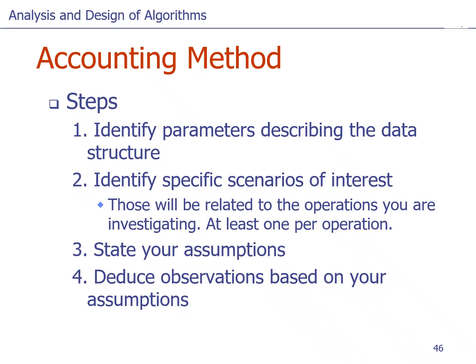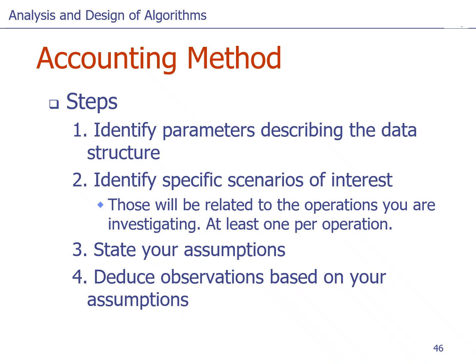So here are the steps. The accounting method looks, obviously, somewhat similar to the averaging method, except that it's a little bit more condensed. So, step number one, identify parameters to work with. Identify variables that represent the state of the data structure somehow or tell you something about the performance of the operation. Second, identify specific scenarios of interest, the critical cases we were just talking about.